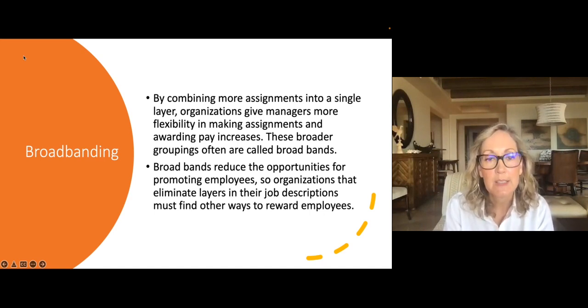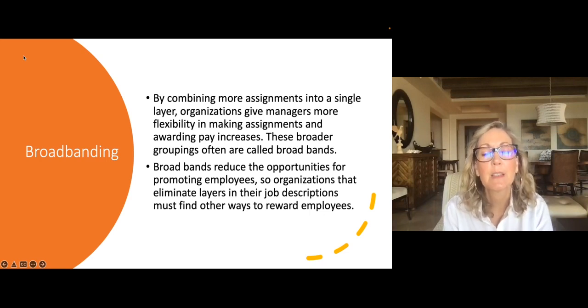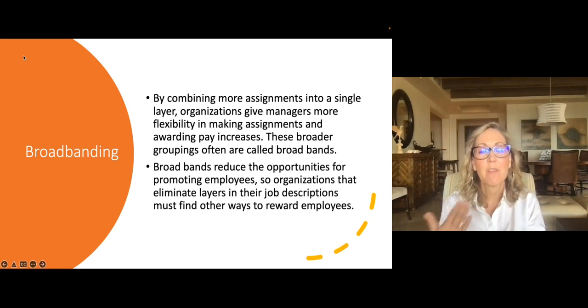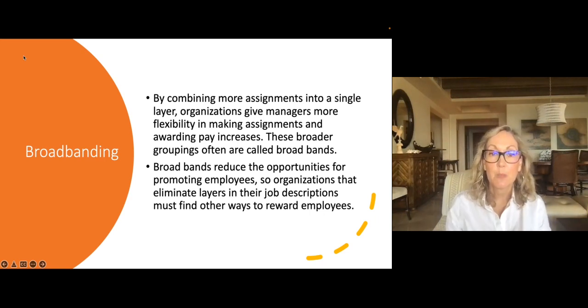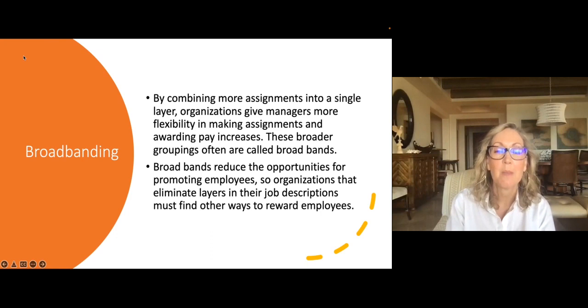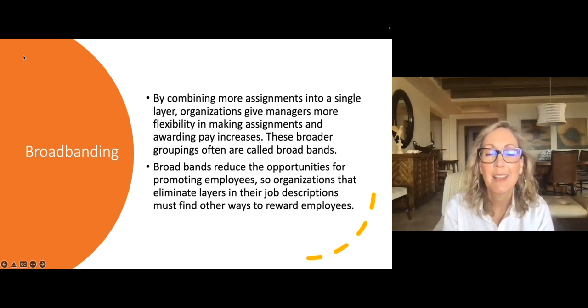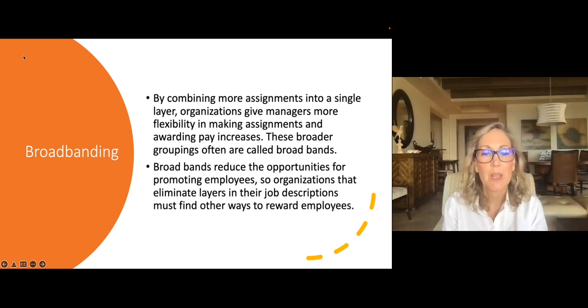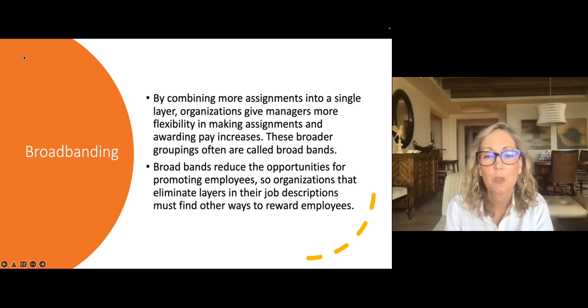The downside of broadbands is that people like to feel like they're being promoted. They like to have that feeling of, I was in this pay grade when I was computer operator, but now I'm a system analyst and I moved up in my pay grade. I am now a different level, and broadbands take some of that away because you just kind of stay in the same band, you just get little tweaks to your pay.